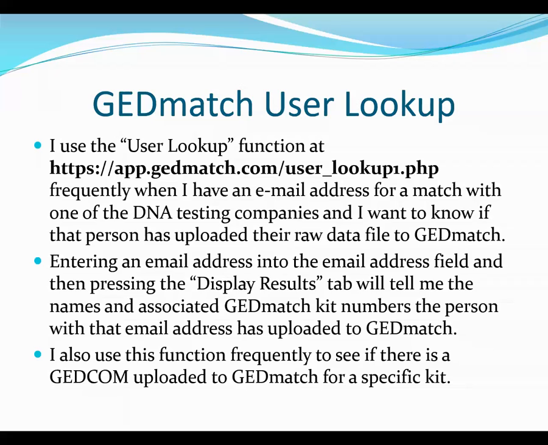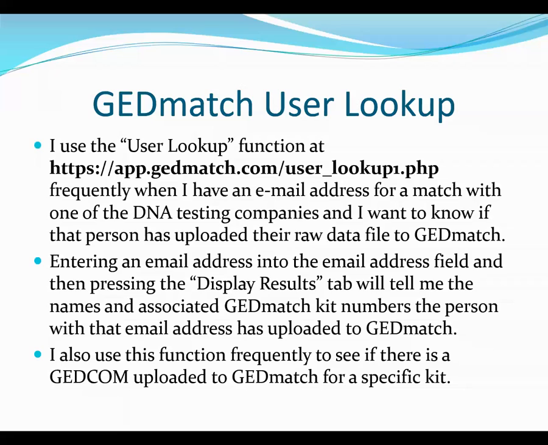So the first feature I want to make sure you all understand how to use is the lookup feature. And I use this all the time. In fact, I just used it 2 days ago when I got an email from one of my correspondents, and they said they'd uploaded to GEDmatch. And so I used this feature to find their GEDmatch kit number and also the kit number for their brother, because she'd also uploaded her brother's kit.